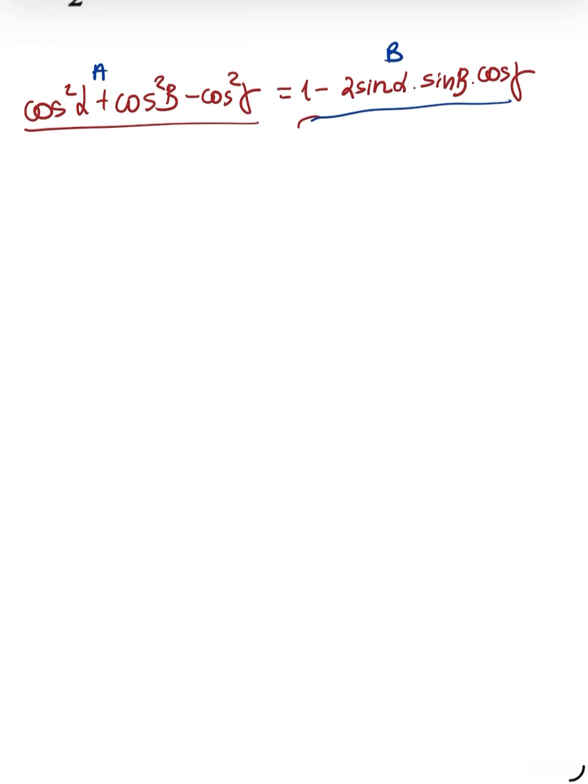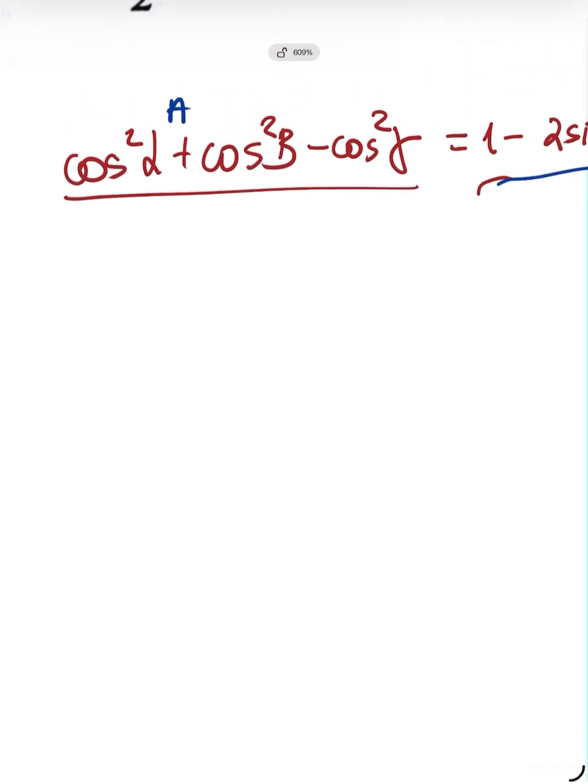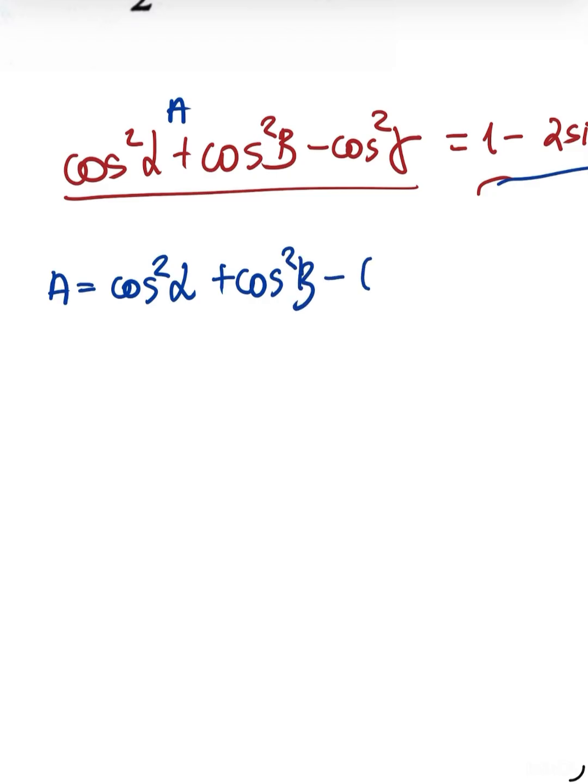And yeah. So starting off with expression A, we're solving it again independently. A is equal to cosine square alpha plus cosine square beta minus cosine square gamma.